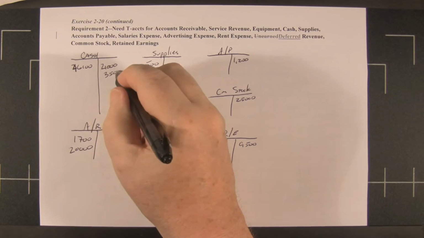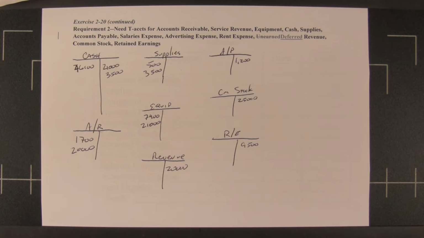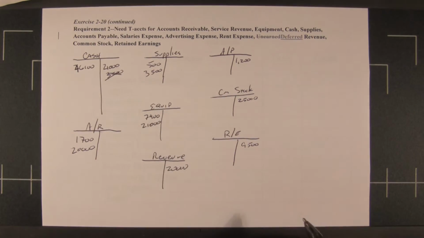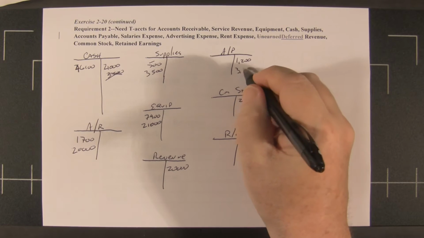And we purchased them, so that's a debit to supplies, but we purchased them on account, so instead of putting them under cash, we would put them under accounts payable, $3,500.